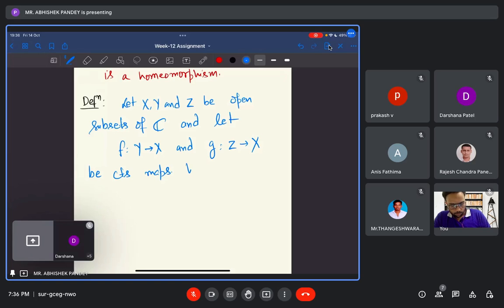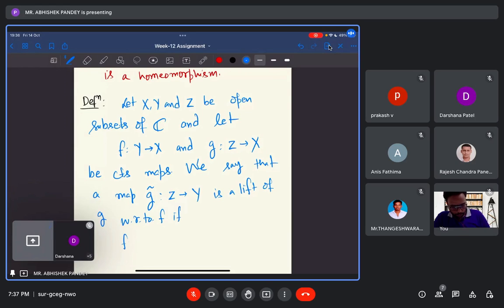We say that a map g tilde from Z to Y is a lift of g with respect to f if f composed with g tilde is equal to g on Z.